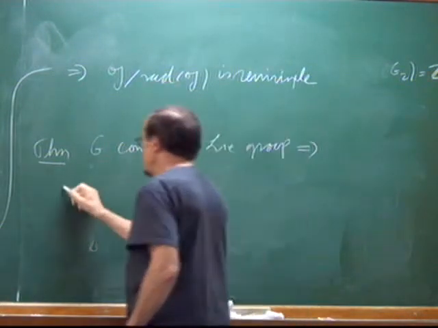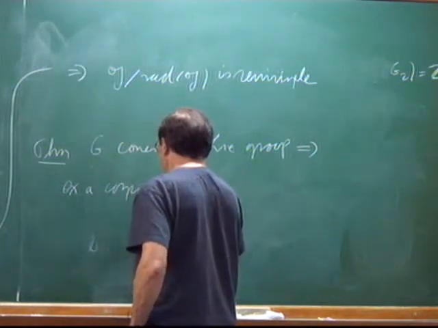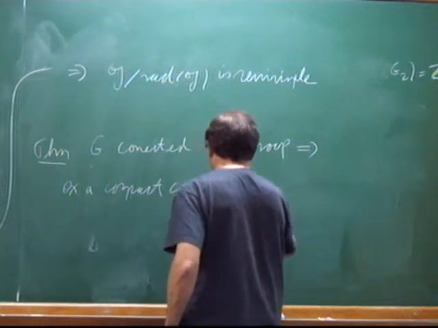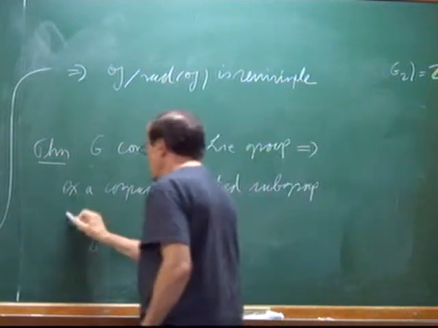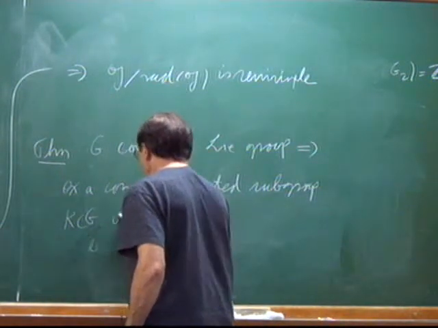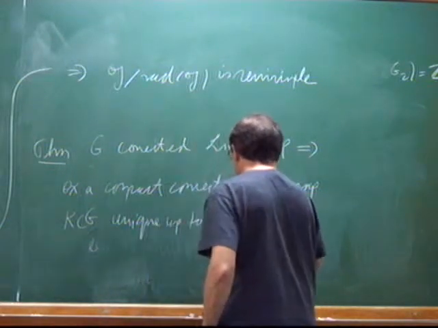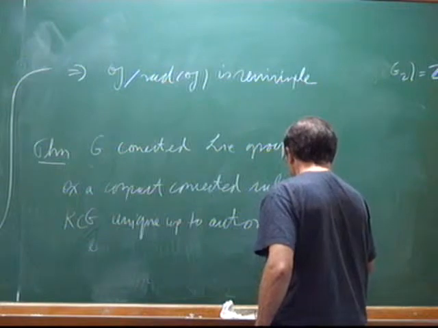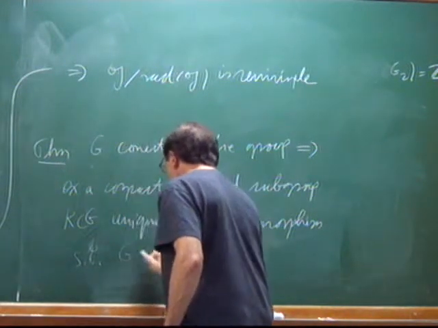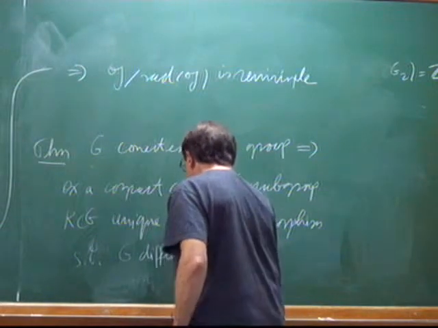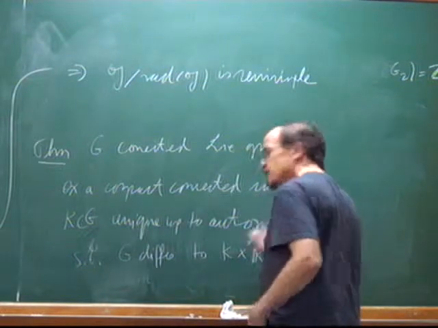This implies there exists a compact connected subgroup K in G, unique up to automorphism, such that G is diffeomorphic to K cross some Euclidean space of a certain dimension.